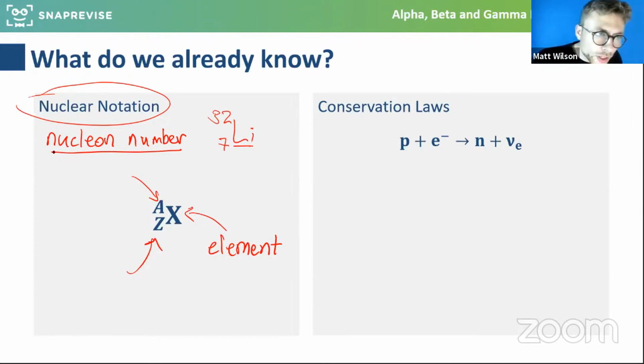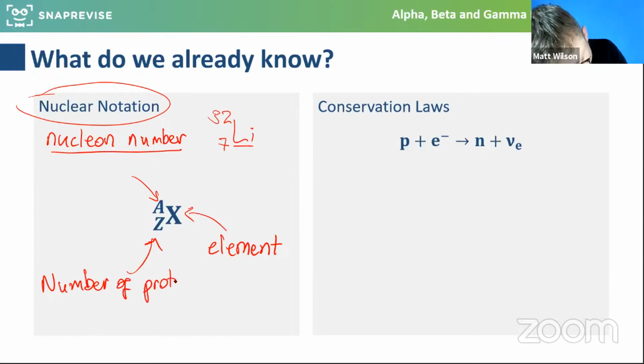And then we have this number at the bottom, which is the number of protons, and that's often called the atomic number. That's because the number of protons is the number that tells you which atom it is that you're really talking about. Okay, great.